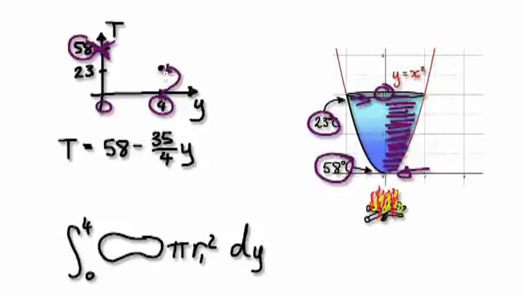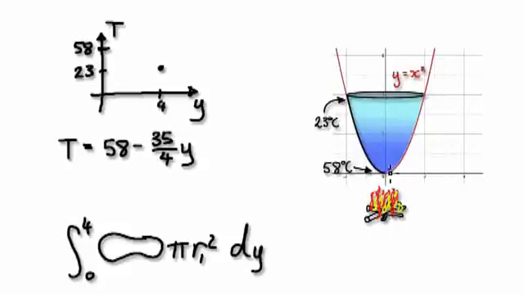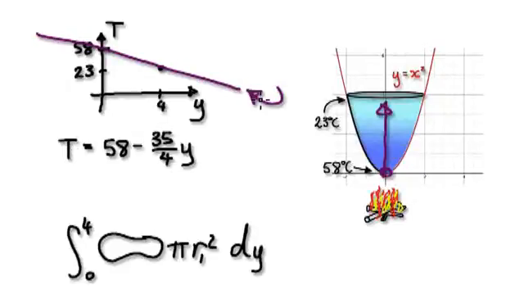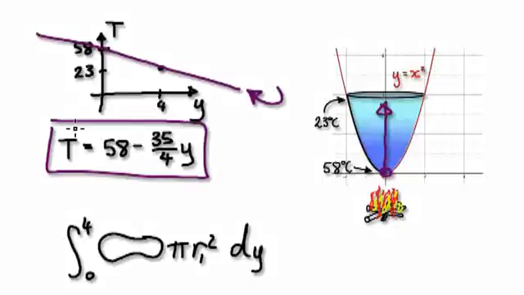So really our temperature here is given by the equation of this straight line here, which is given by this. So now we can put this into here.